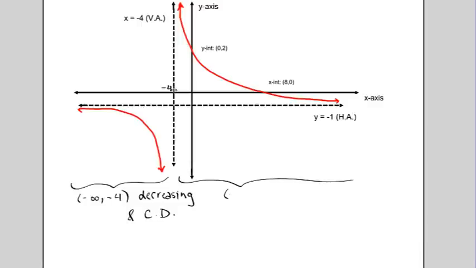Then from -4 to positive infinity, the graph was still decreasing, but it was concave up. And this completes the exercise.